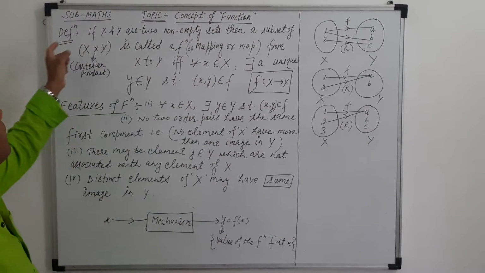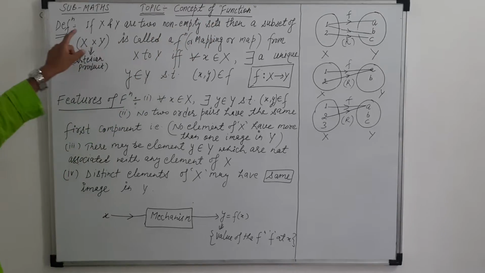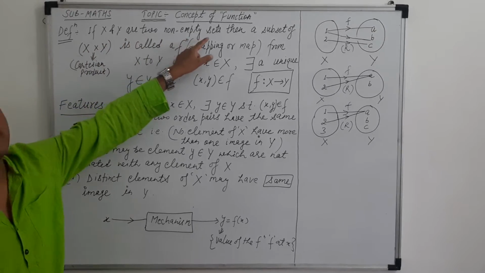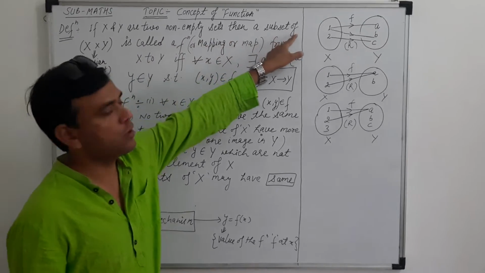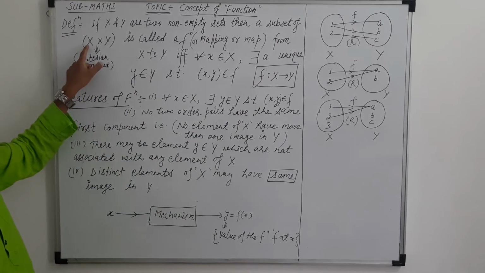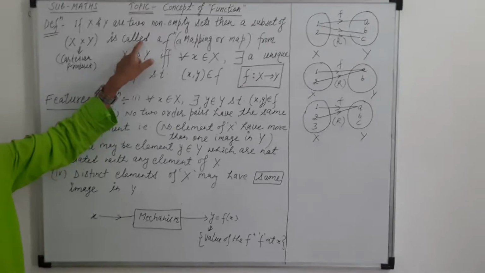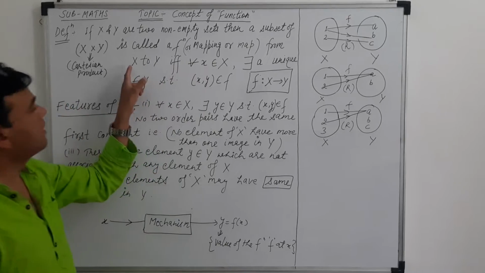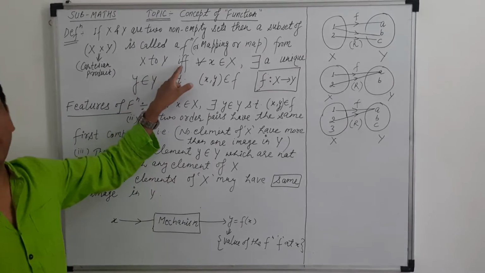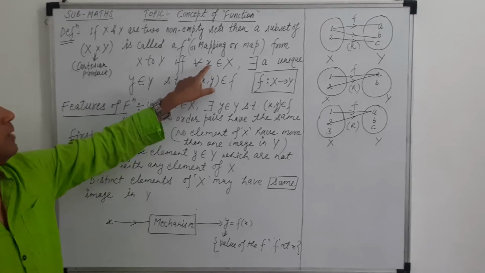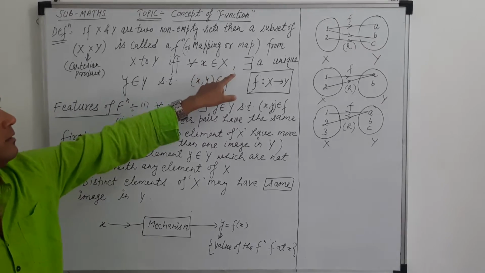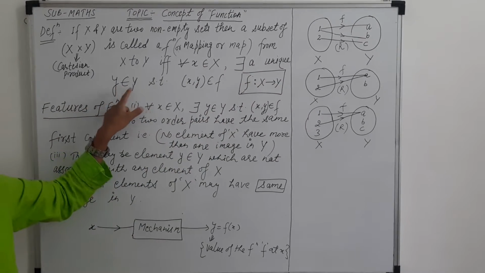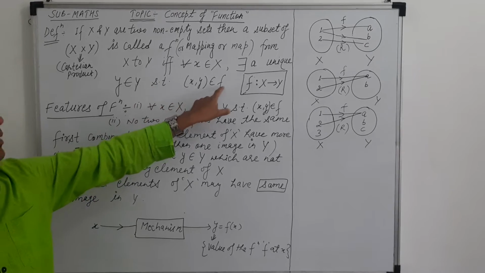So first let us look at the definition of function. If X and Y are two non-empty sets, then a subset of the Cartesian product X cross Y is called a function, or mapping, or map from set X to set Y, if and only if for every element x belonging to X, there exists a unique element y belonging to Y such that (x, y) belongs to f.